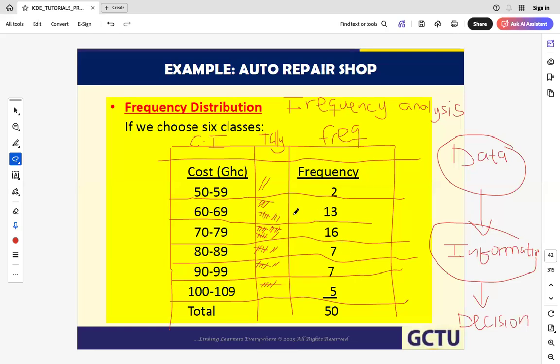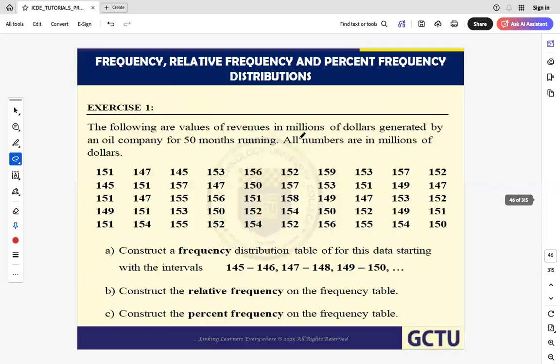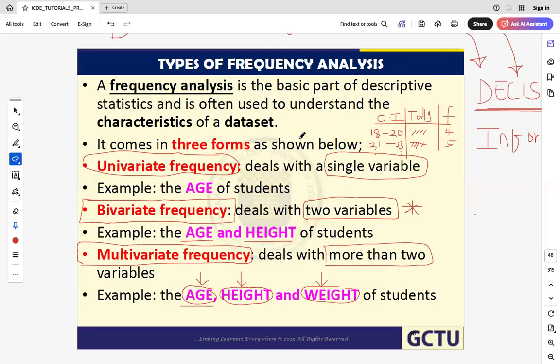Now, this very process I have reminded you of, I know that you've done it already, you have knowledge about it. But this process that we have done has a name. It is called univariate frequency.